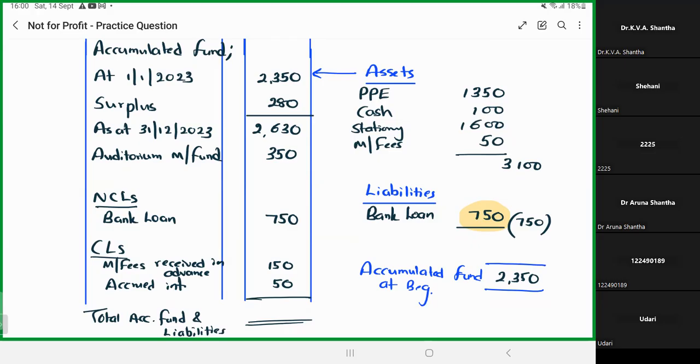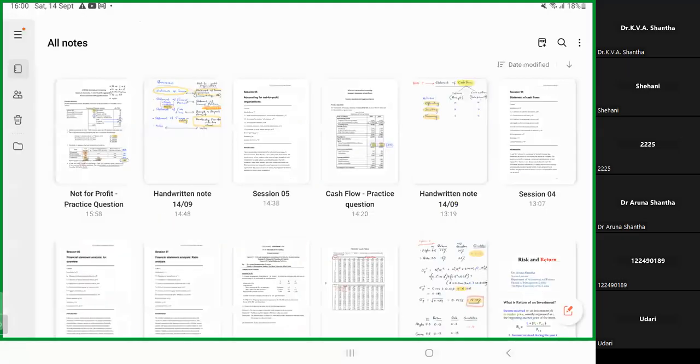And you know the quiz has been scheduled. Have you got the message? I have given it in the announcements. So you have to get ready for the quiz up to this lesson, up to the not-for-profit organization lessons.